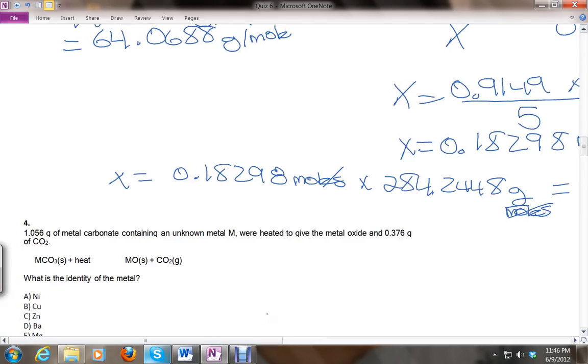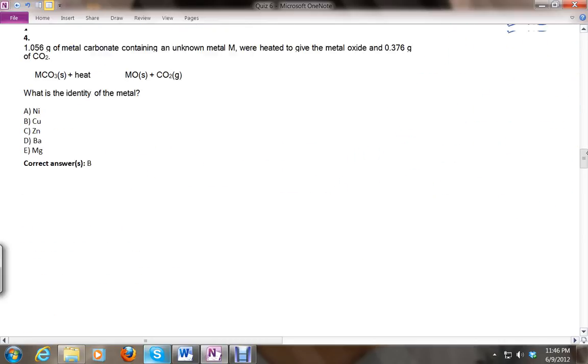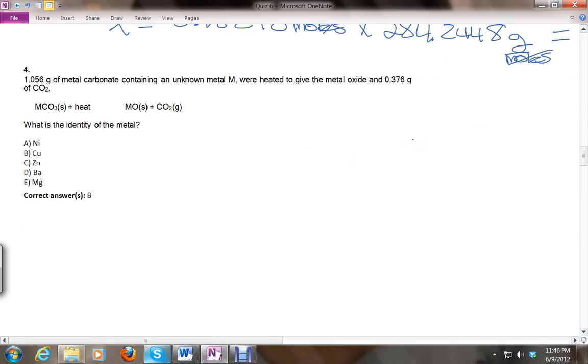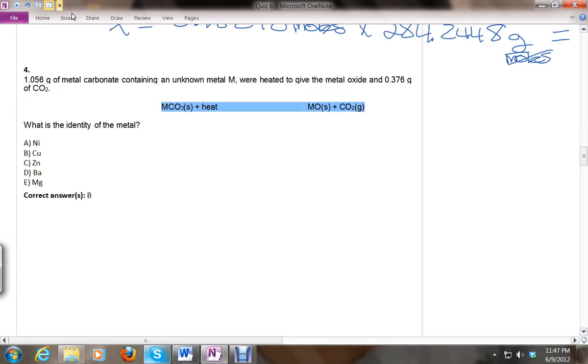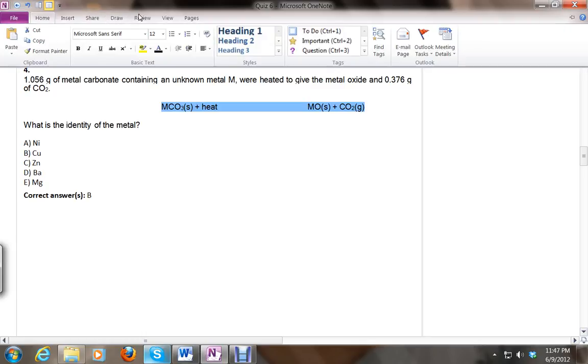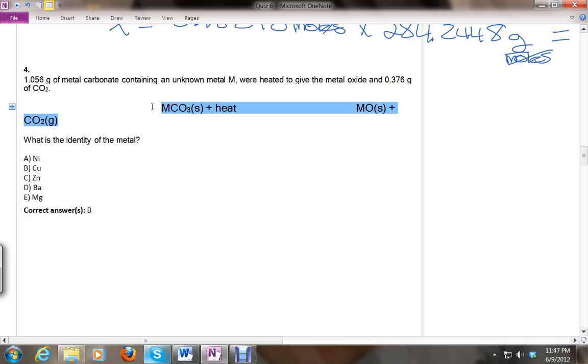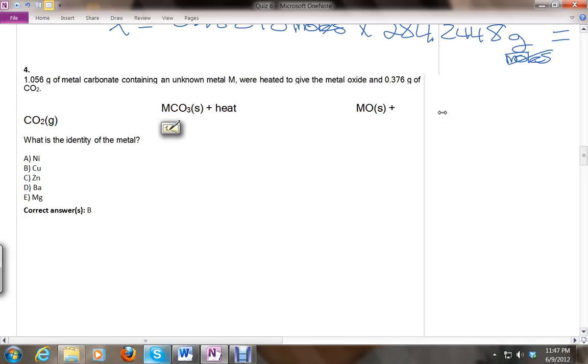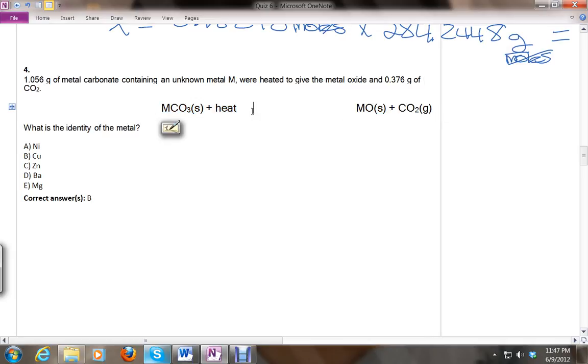Okay, let's do the next one. And the next one is, they're asking for the identity of this metal. You have a metal carbonate, which with heat decomposes into the metal oxide plus CO2. Now you have to be sure here that when you have a chemical reaction like this, nothing is going to go anywhere else. The metal is going to come from here.